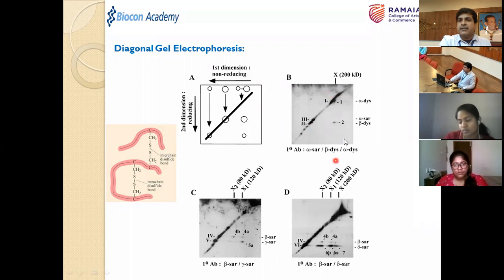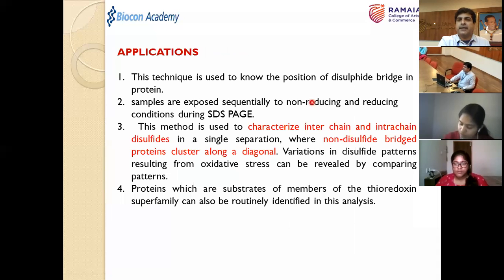And maybe in the afternoon classes in Singing, you can get exposed to this technique. Certainly, they will be doing this technique and how they will analyze these spots. So diagonal gel electrophoresis is another important electrophoresis technique which is used to know the position of the cysteine disulfide bonds, and that is very important for the conformation of the protein.